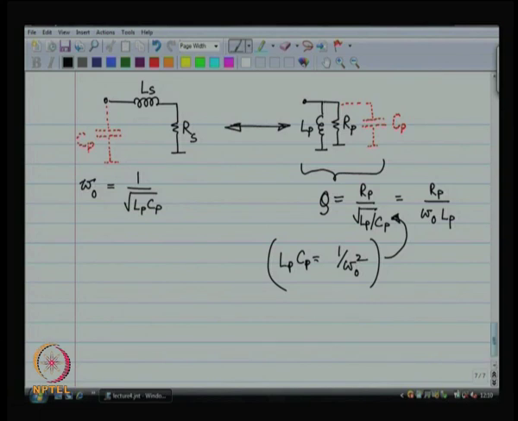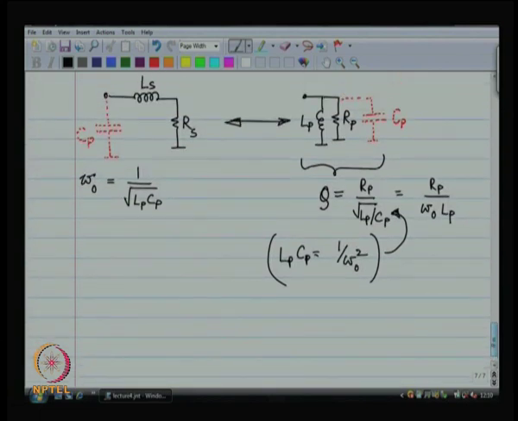Okay. Now, with this in mind, what is the input impedance that I see? Let us not think about Cp, Cp is there outside, like I have drawn in the other case.